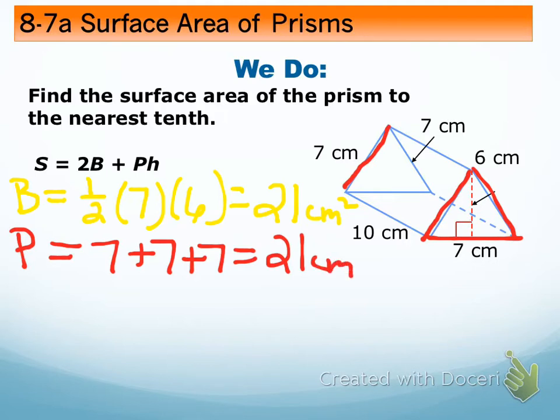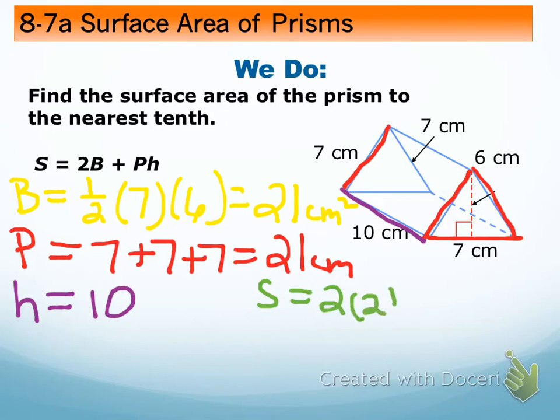Now remember, our last thing we need to know is the height of the prism. And again, the height of the prism is going to be that line right there, which is 10 centimeters. So we're going to put it all together and find that the surface area, 2 times my B, B is 21, plus my perimeter, P, which is 21, times my H, which is 10.